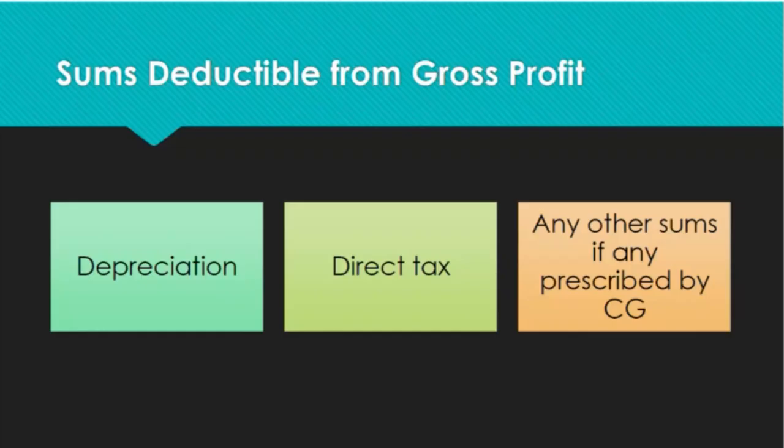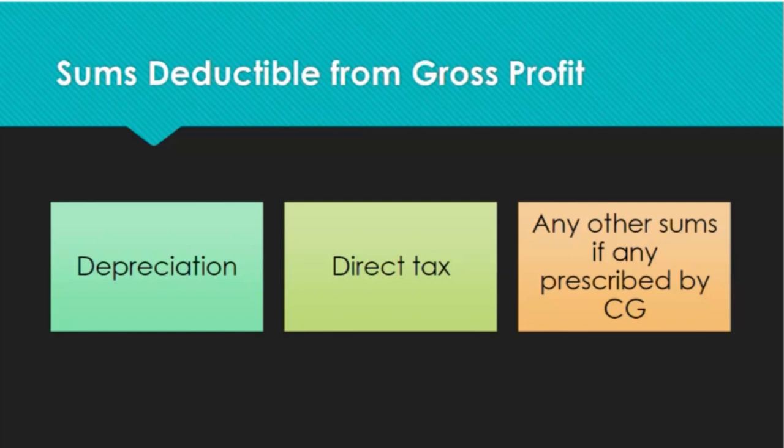So it is not that we go with the net profit இருக்கிற in the financials and distribute it. We need to take gross profit, trading profit, and reduce depreciation. We need to reduce direct tax; only the current year's direct tax will be reduced. Previous year's arrears will not be reduced.